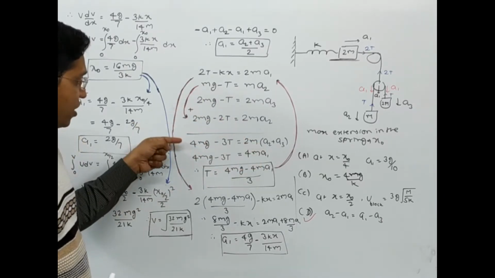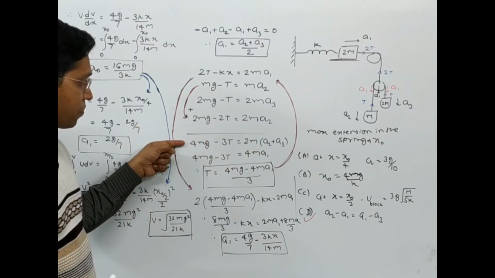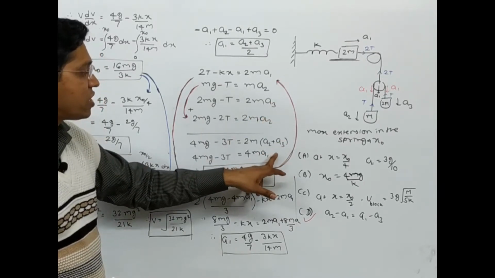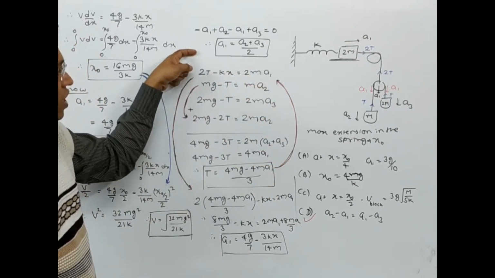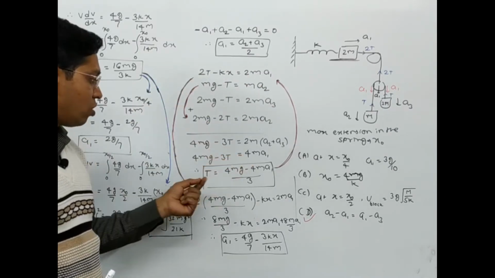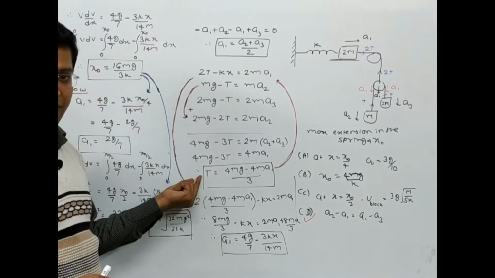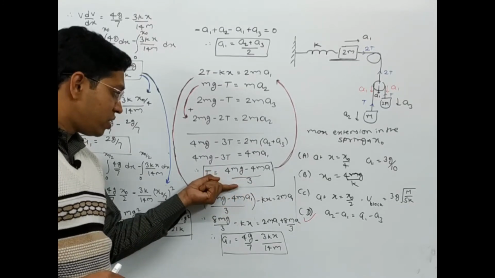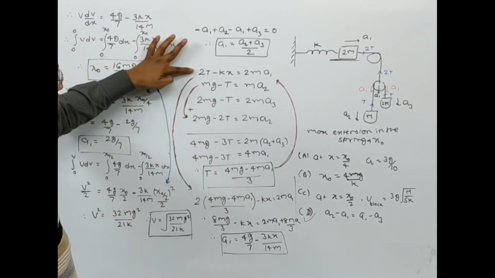So after addition, I'm going to get this equation. Here I'll get a2 plus a3 and I'll substitute this a2 plus a3 with twice a1. And then after solving it, I'll get the value of tension to be (4mg minus 4ma1) upon 3.